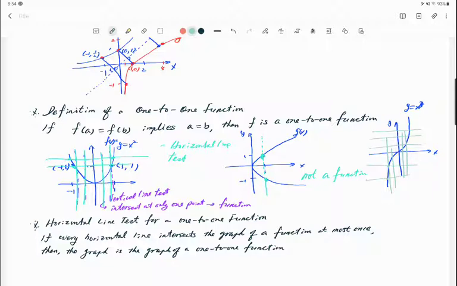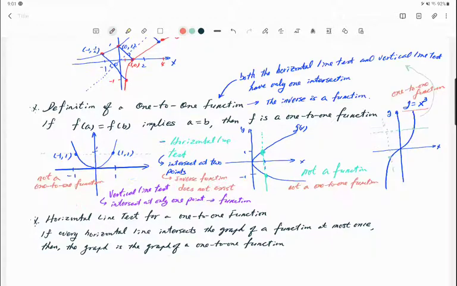So the inverse is a function. So this is a one-to-one function, and the inverse is also a function. Make sure the horizontal line test and vertical line test both contain only one intersection.